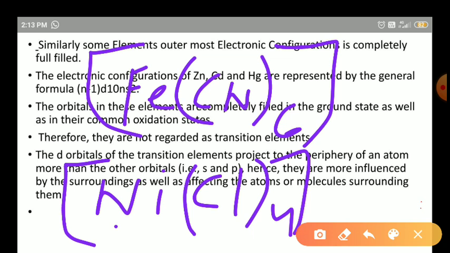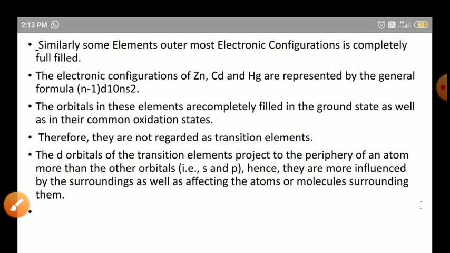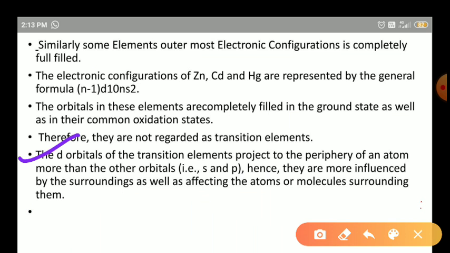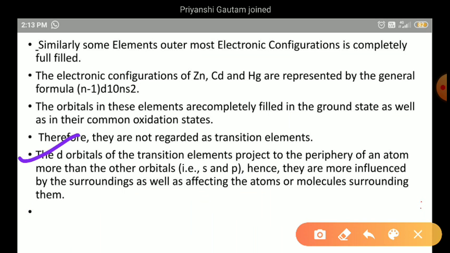So these are d block elements. Around the d block element, many atoms, more than its valency, are bonded with this central d block element. This is the fourth point. So that's why it forms a coordination compound.